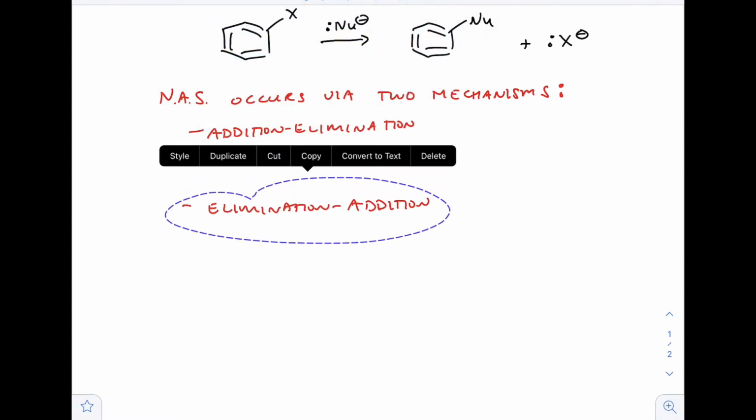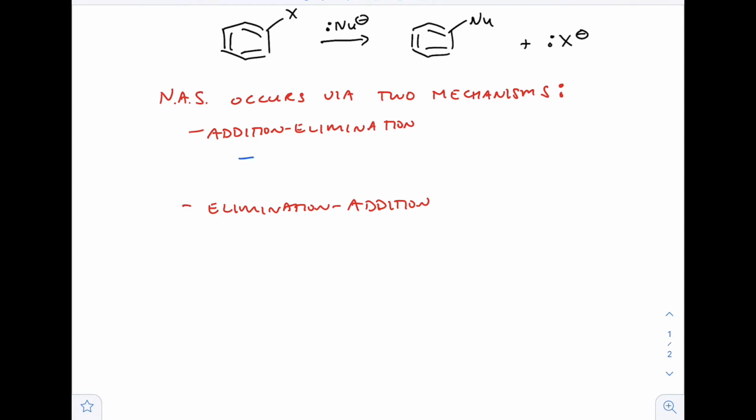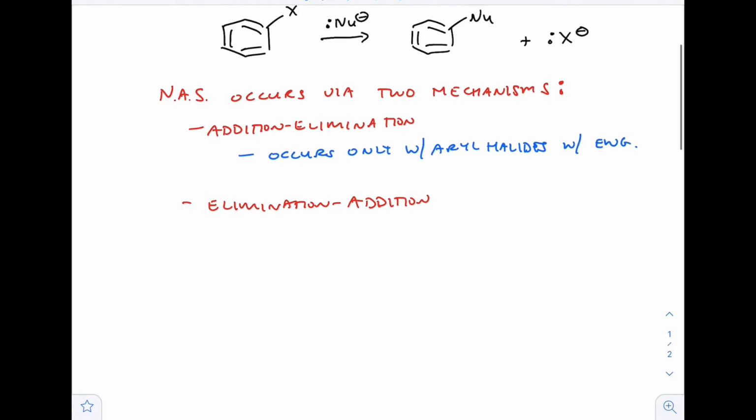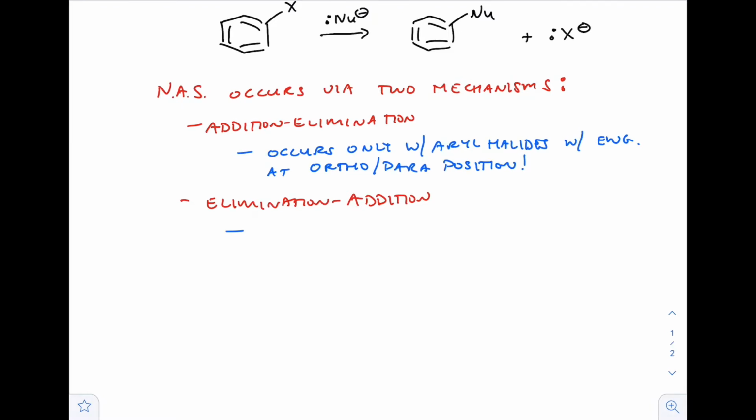Now, the reason why I say these are going to contradict what we've learned for substitution and elimination is that we were working with just sp3 hybridized carbons, right? But obviously aryl groups are sp2 hybridized, and so that's why. But we just kind of have to use this as an exception, right? So there are also going to be some specific conditions. The addition-elimination occurs only with aryl halides with electron withdrawing groups at the ortho or para position, okay?